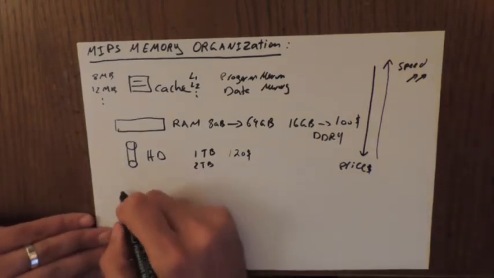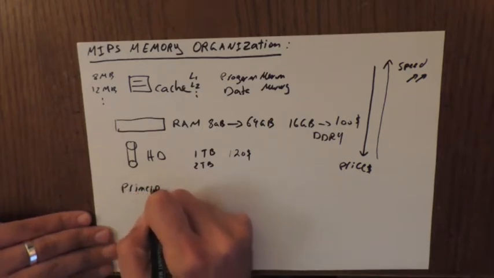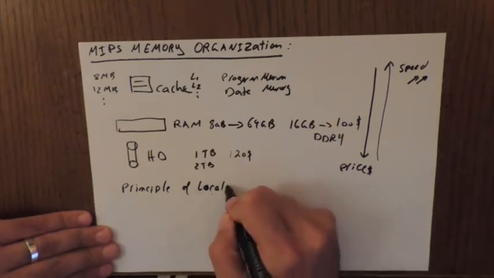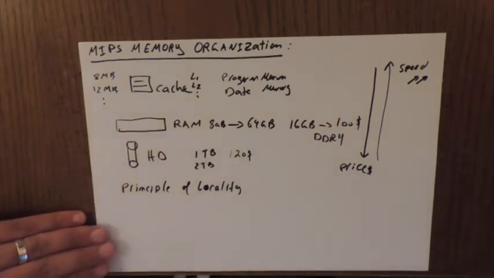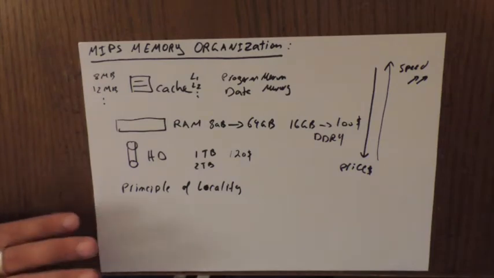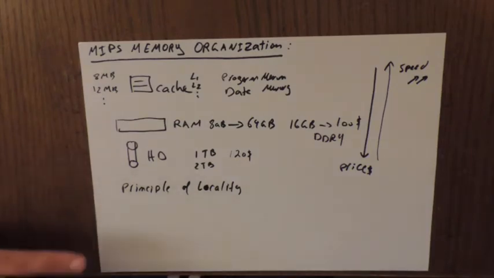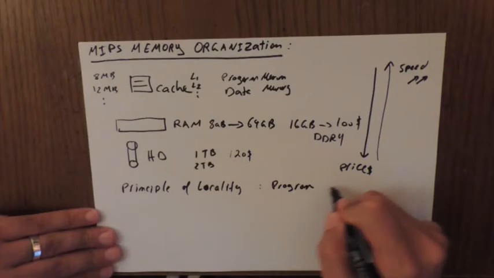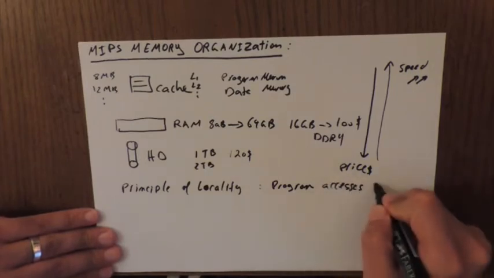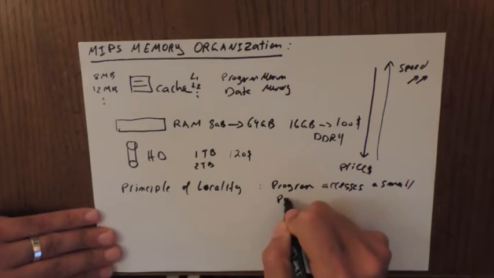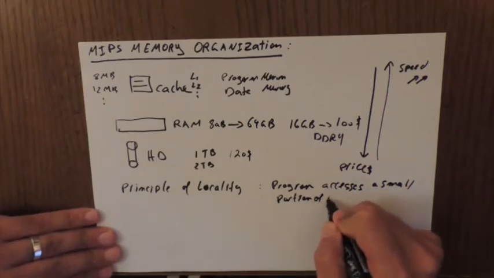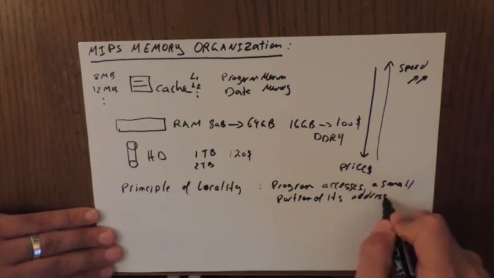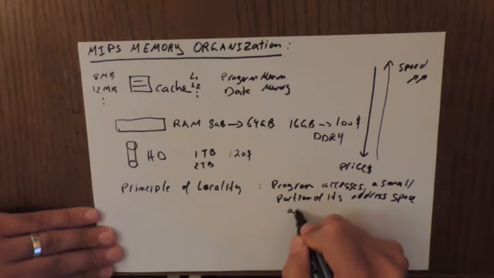This comes to the principle of locality, which states that in any memory system, the program usually accesses, so let me write this, the program accesses a small portion of its address space at any given time.